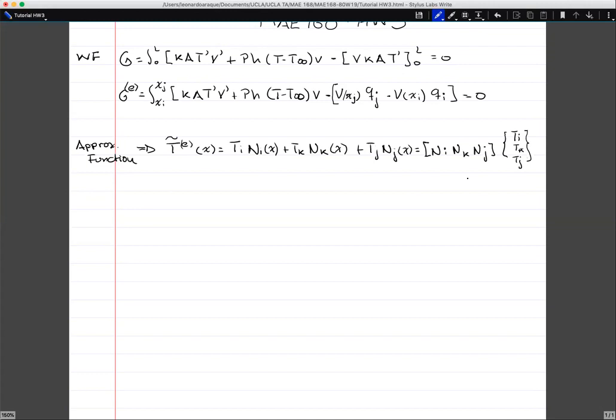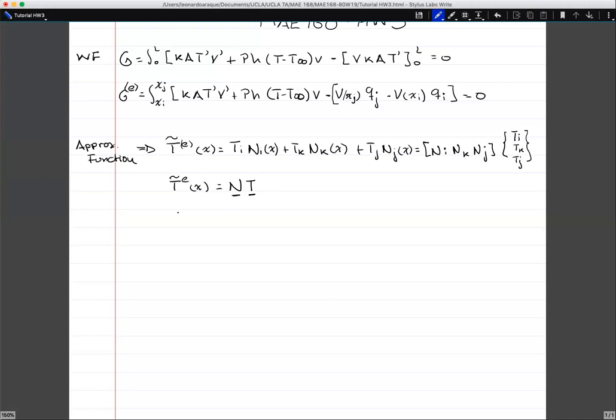So it means that I can write it in vector form in the following way, where the underline means vector.